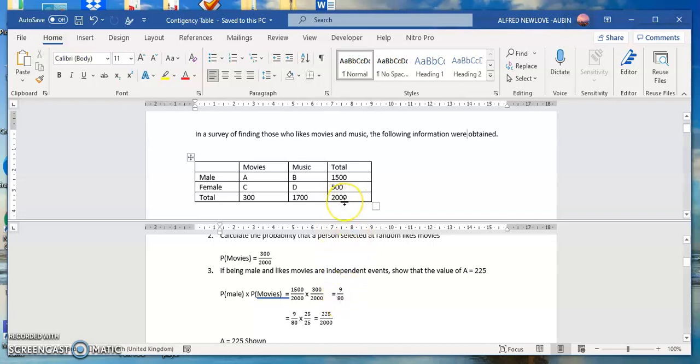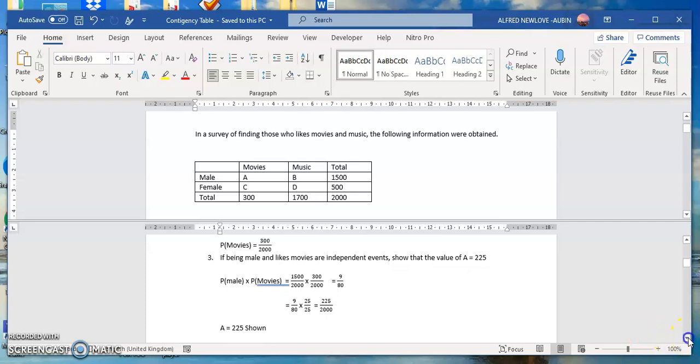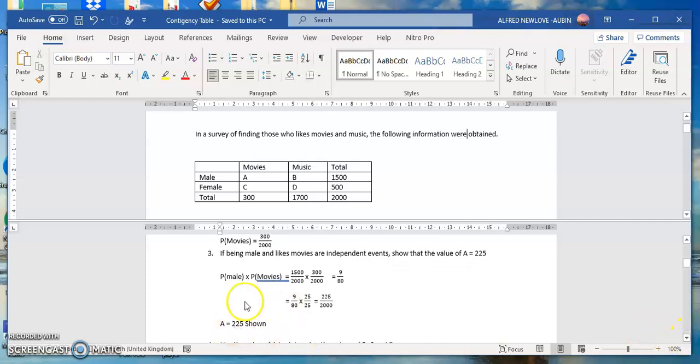Check with your calculator, 2,000 divided by 80 is going to give us 25. So you multiply the numerator and the denominator by 25. Remember, if you multiply any number by 1, it is the same number. So 25 over 25 is 1. So you are going to get 225 over 2,000. And we've shown it. So A is 225.